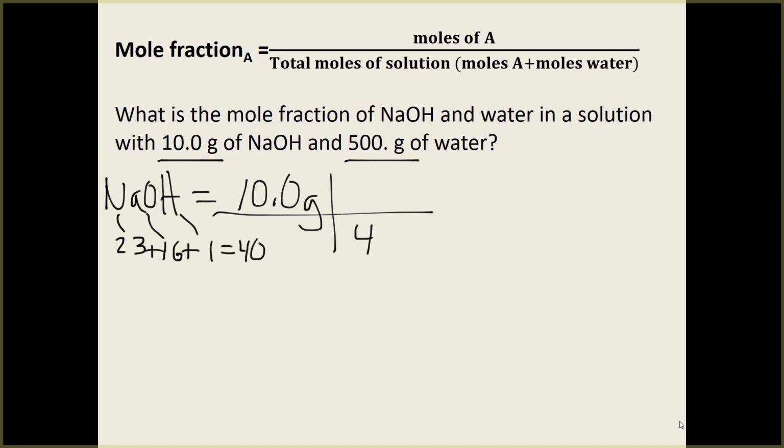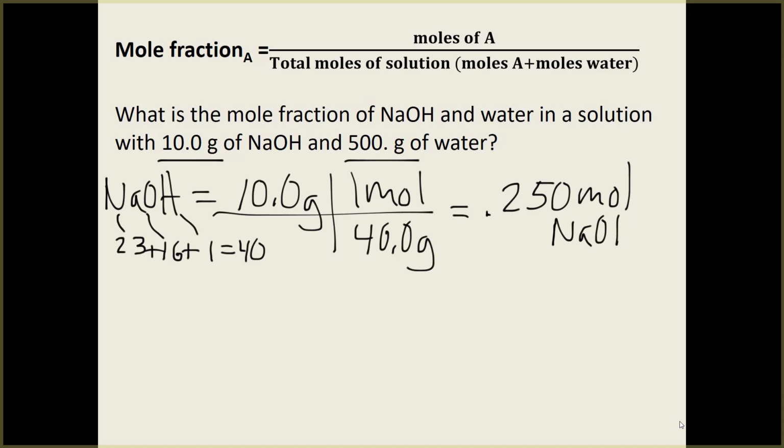This goes down below because in order to cancel out, one has to be on the top, one has to be on the bottom, or diagonally placed. And so I do 10 divided by 40, and I'm going to get 0.250 moles of my NaOH.